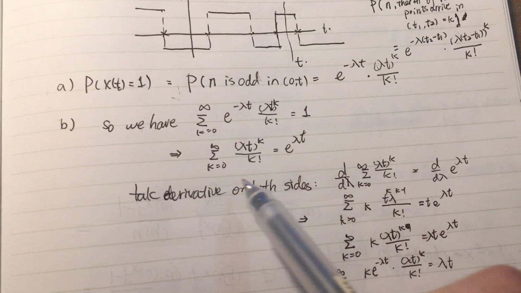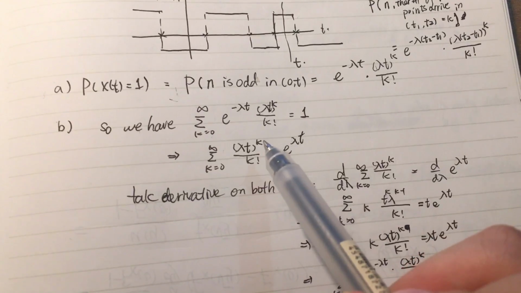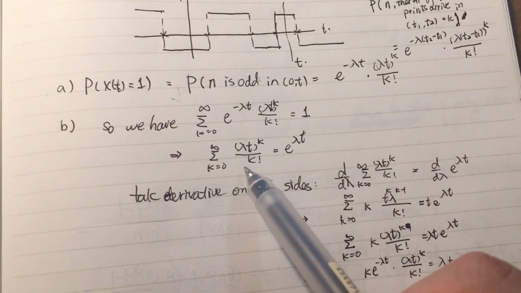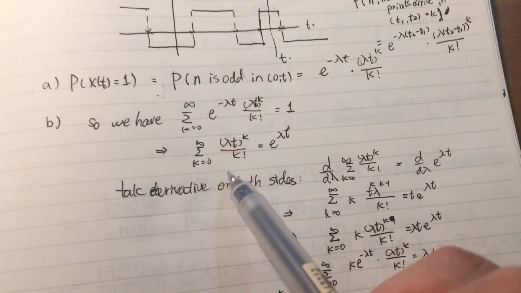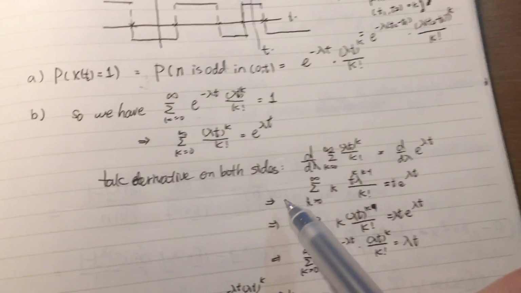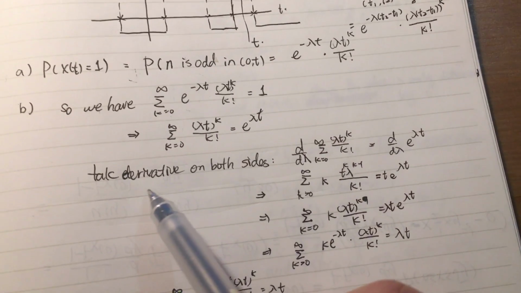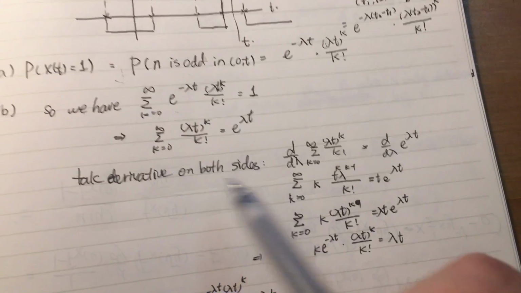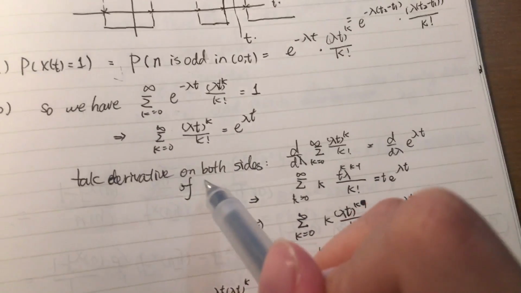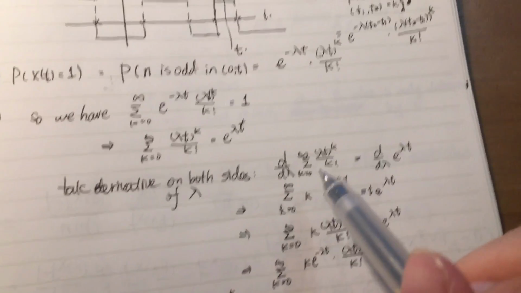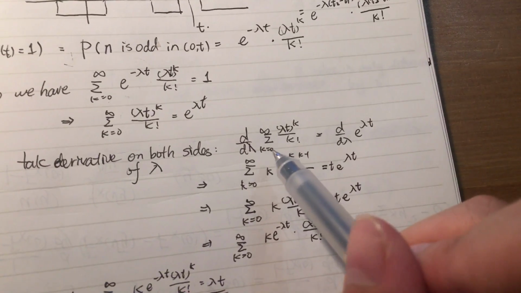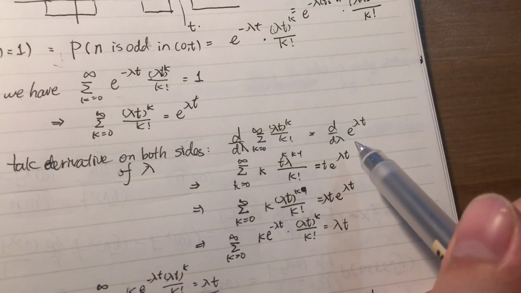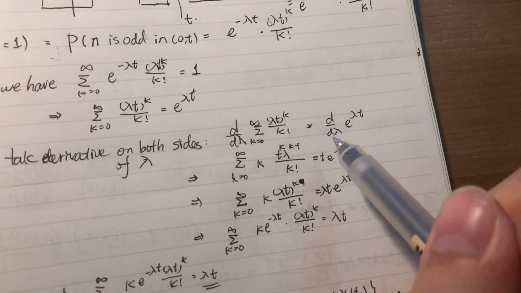And during this process, we can rewrite this equation into this form, where we multiply this term on both sides of this equation, and then we take the derivative with respect to lambda on both sides, and we get the left hand side of the equation is equal to this, and the right hand side is equal to this.